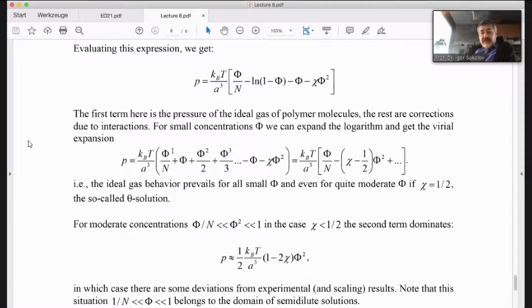And now let's have a look at what happens here. What did I lose? Yes, the first terms cancel, and the only thing which stays is this linear term, the ideal gas, and the quadratic term with a prefactor of chi minus 1/2.